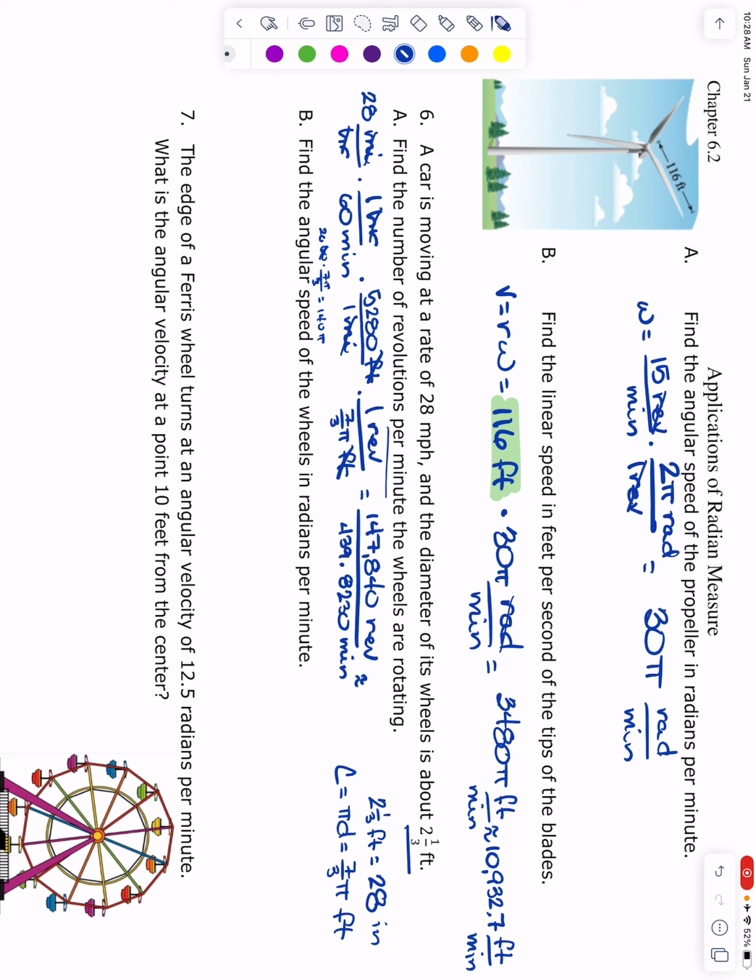We are going to divide that, our 147,840. We're going to divide by our 439.823, and we get 336.14 revolutions per minute. Poor planning, poor planning. Let me move this for a second and I'm going to rewrite it.